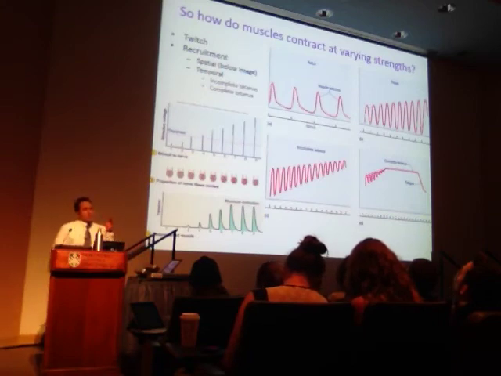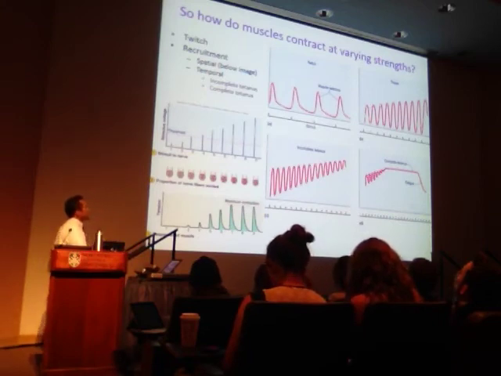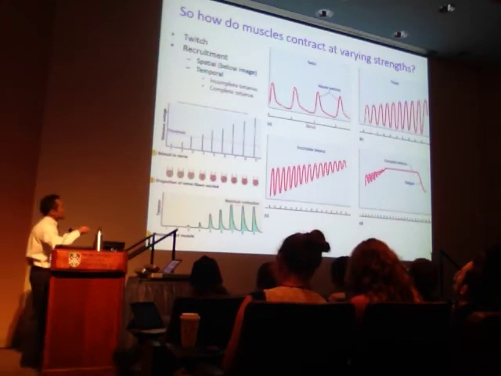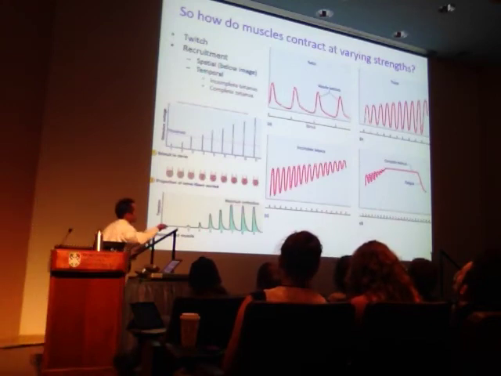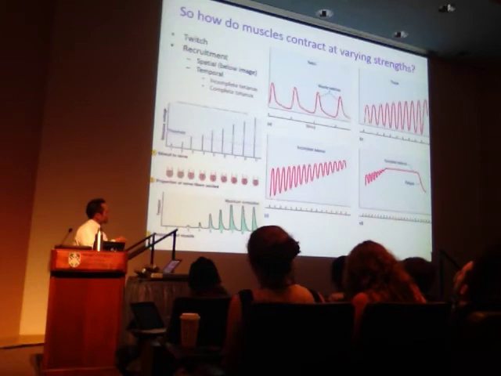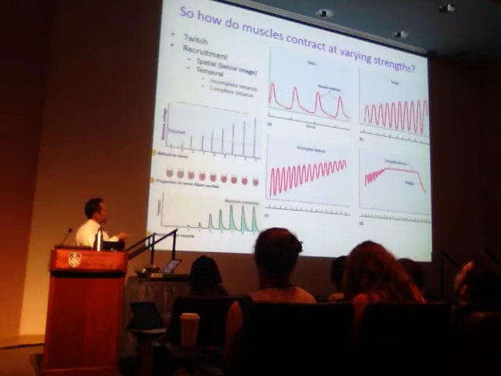Treppe, staircase phenomenon. Well, if you fire this fast enough and too close together, you get what we call incomplete tetanus. Incomplete tetanus is the staircase on the top with the staircase phenomenon on the bottom, meaning you haven't given it enough time to come down to rest before you fire it again. You can kind of appreciate where, as you're halfway here, you're not resting that signal before you fire the next one.